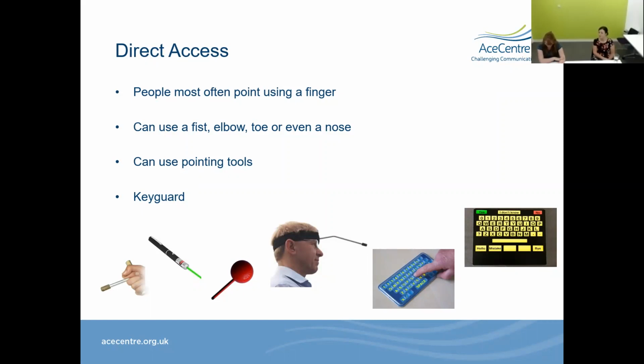So I've talked about the laser pen. Something else I haven't mentioned, and I've got a couple of pictures of those there, is a key guard. And that's just a frame, an overlay that will sit over an alphabet or your original communication chart. And it's like a grid, and you can run your hand over it and then dab your finger into the letter that you want to select.